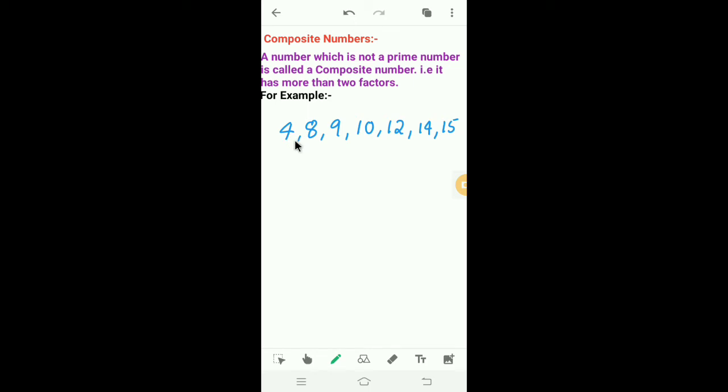So, see here factors of 4. Factors of 4 are 1, 2 and 4.